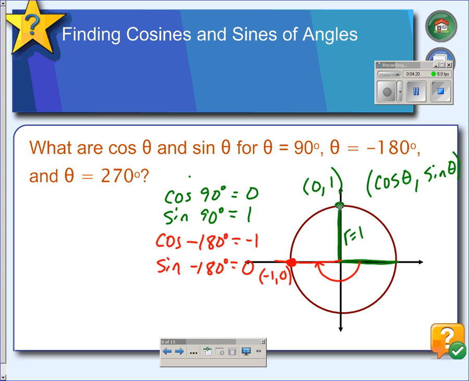If theta is 270, starting in standard position, going in the positive direction, 270 would end right here. The coordinate here is 0, negative 1. So we can find that the sine of 270 is the y value, which is negative 1, and the cosine of 270 is the x value, which is 0. So we can find sines and cosines using our unit circle.